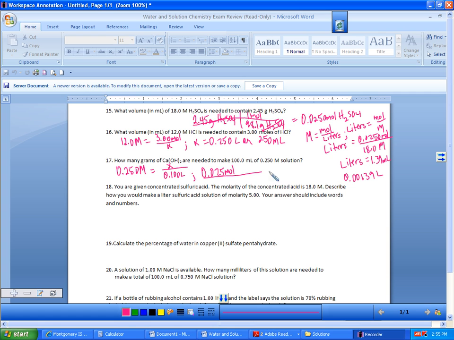But I can't leave it in moles because they asked me about grams. So I said, well, 1 mole of CaOH2, and then I did my gram formula mass, my GFM, is 74.1 grams of CaOH2. So I multiplied that across, and when I did, I got 1.85 grams.